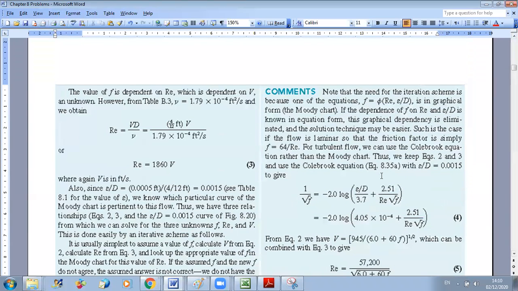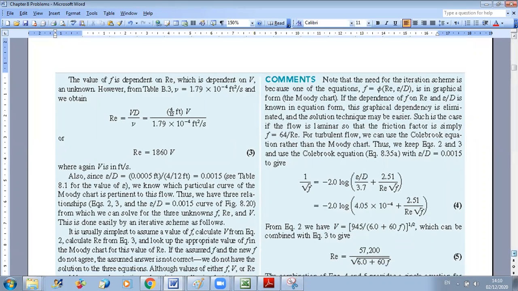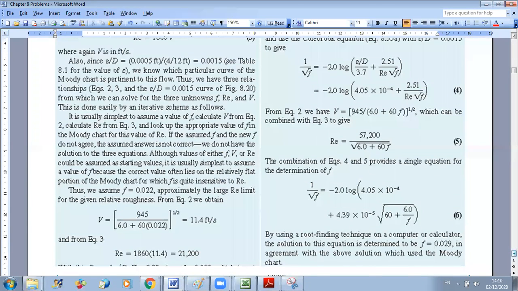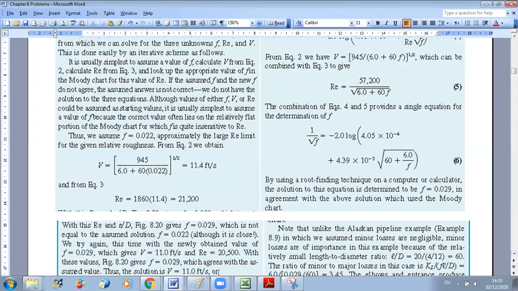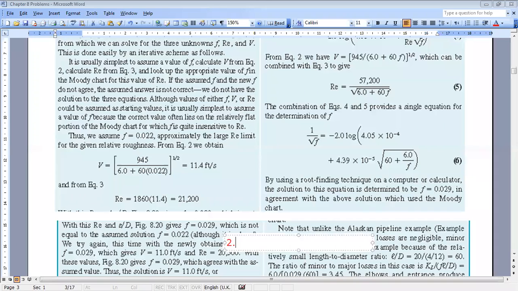Yes, here it is. Now it's 20.5. So first it was 21.2 times 10 to the power 3. Now it's 20.5 times 10 to the power 3, or the new value of Reynolds is 2.05 times 10 to the power 4, which is very close to the previous one. Previously I obtained 2.12, now I obtained 2.05.